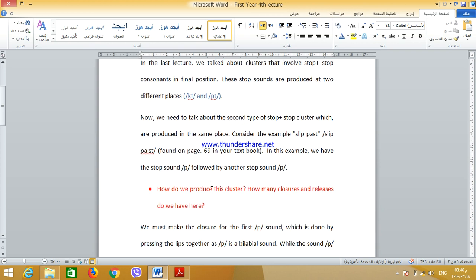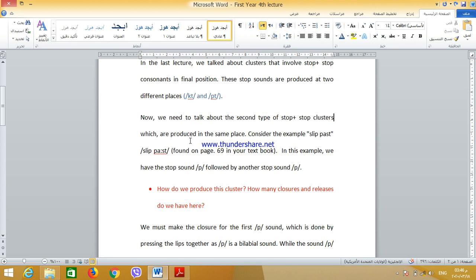Now we will talk about a second type of stop plus stop cluster, which are the clusters in which the stop sounds are produced in the same place, not just like this one. We have a stop and another stop. These two stops are produced in the same place.